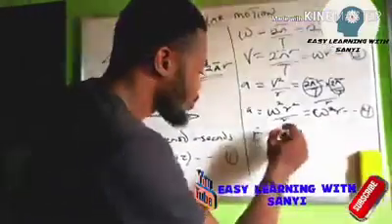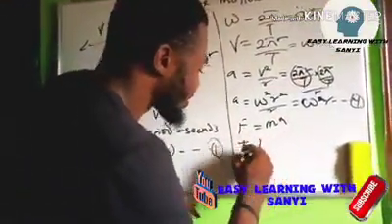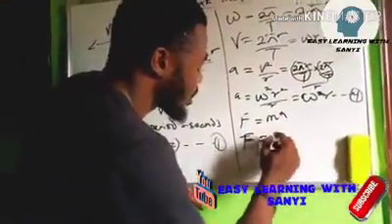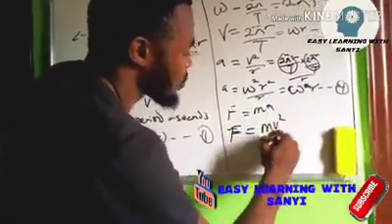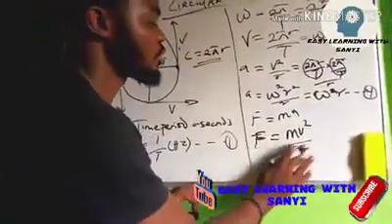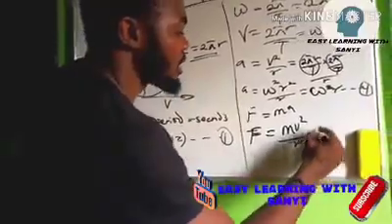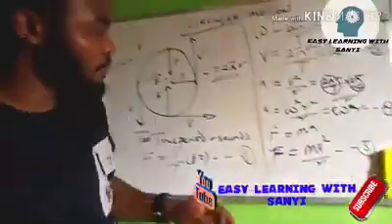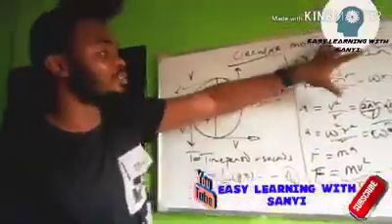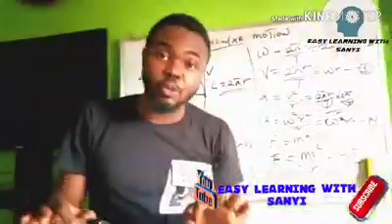So the centripetal force can be given as F equals mv squared over r, and let's call this equation 5. These are some of the fundamental things you need to note when it comes to circular motion.